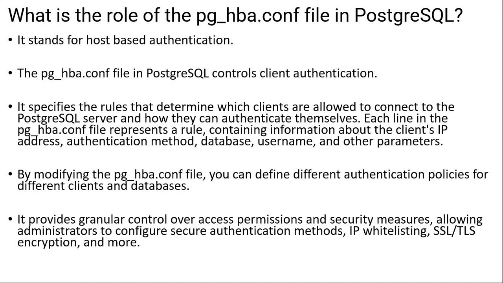It specifies the rules that determine which clients are allowed to connect to the Postgres server and how they authenticate themselves. Each line in the pg_hba.conf file represents a rule containing information about the client's IP addresses, authentication mode, database name, username, and other parameters.